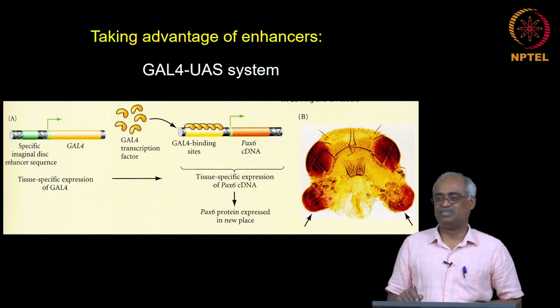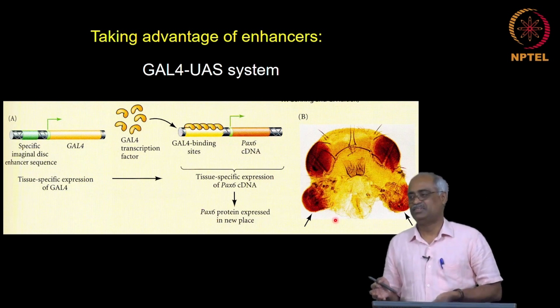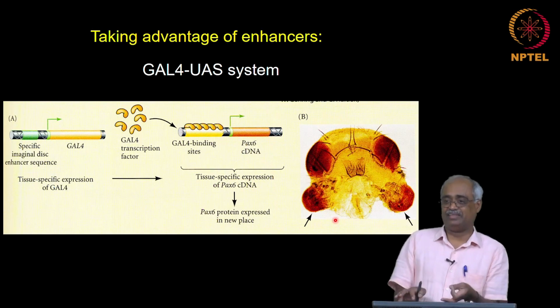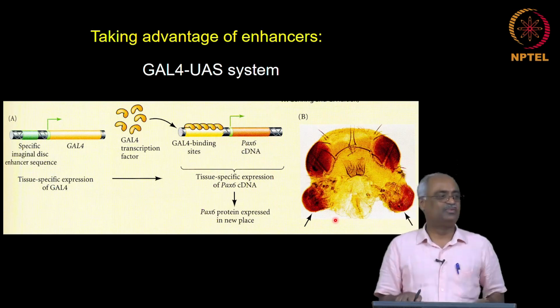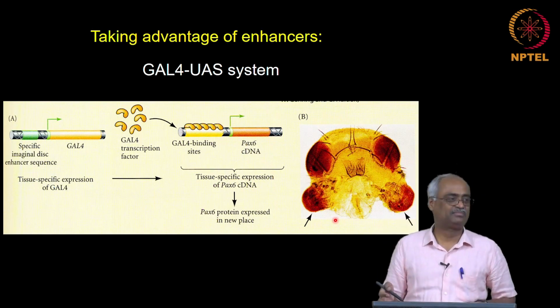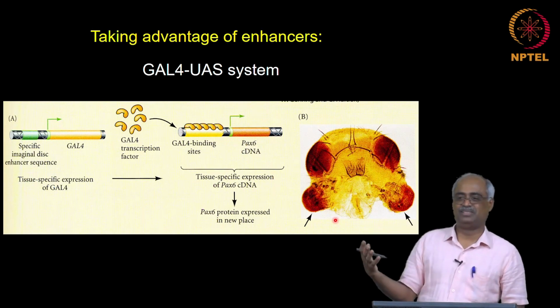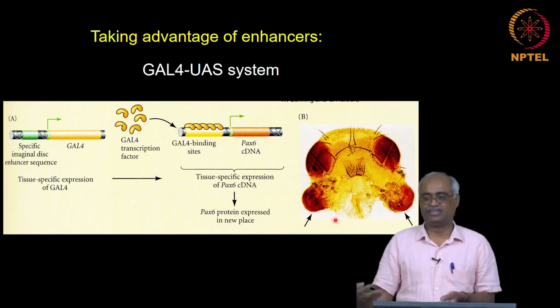So, what it tells you is PAX6 acts like a master regulator of eye development. Once you provide PAX6, it looks like everything else is already there in that tissue to drive the formation of an eye.